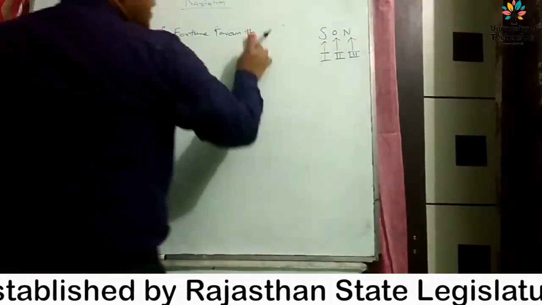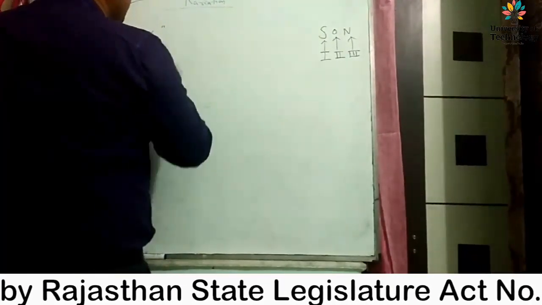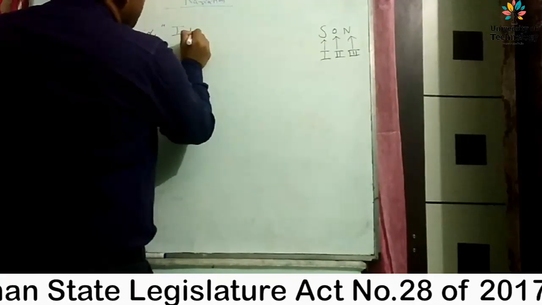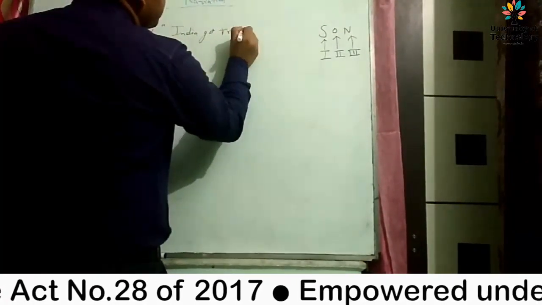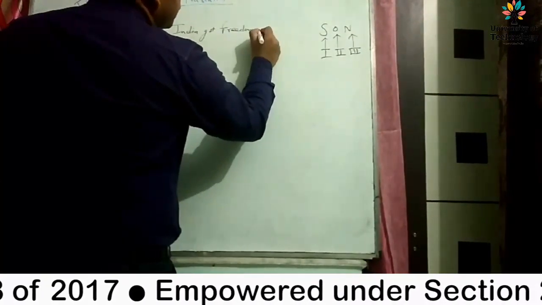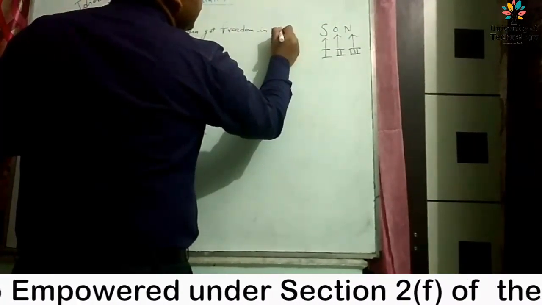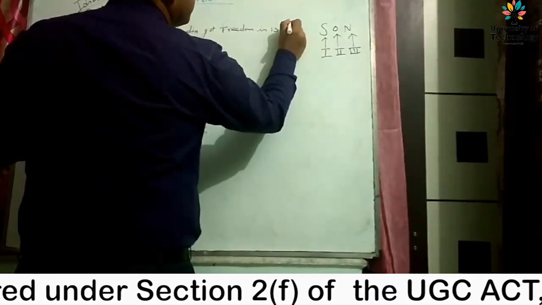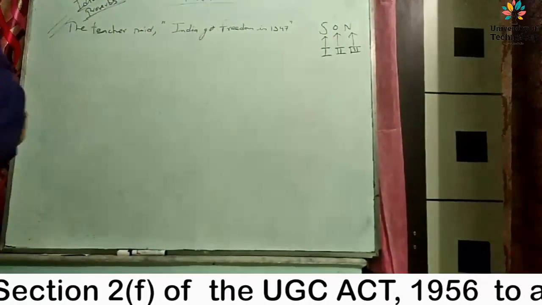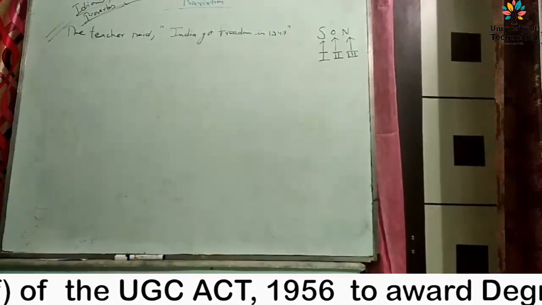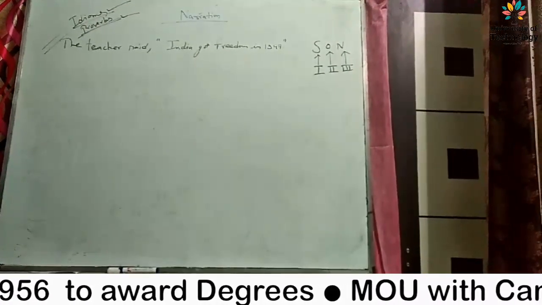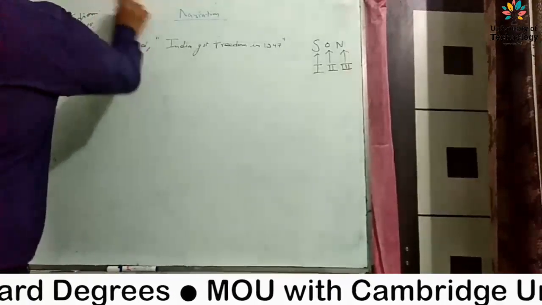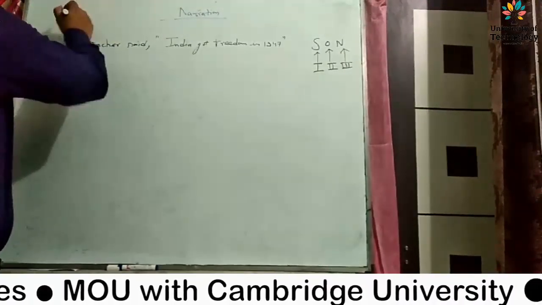Next, the teacher said India got freedom in 1947. Okay. So this is a historical fact.